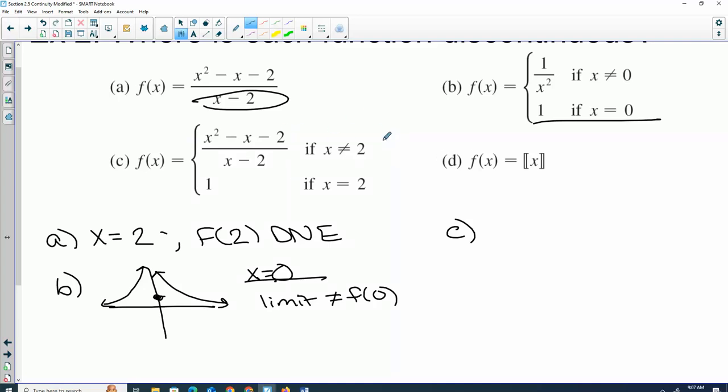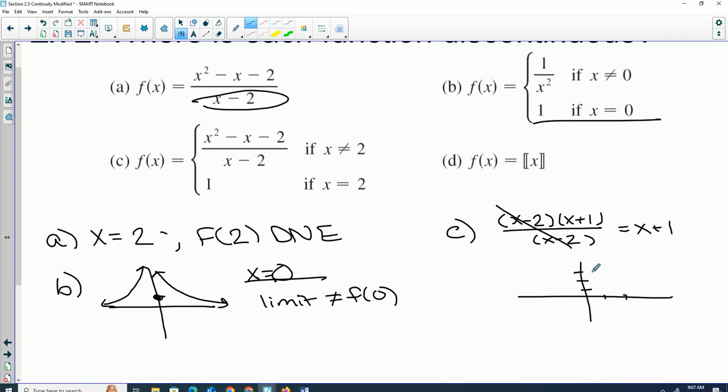Okay, we have 2 different pieces. One when x equals 2 and one when x does not equal 2. We could, if we needed to, graph this a little bit. The top would factor into x minus 2, x plus 1 over x minus 2. What happens to those x minus 2's? So that just gives us x plus 1. We're on that piece if x is not equal to 2. So when x is 2, that would have to be an open circle, at 2, 3. And then everything else we could plug in. So if I put in 1, I get 2. 0, 1.